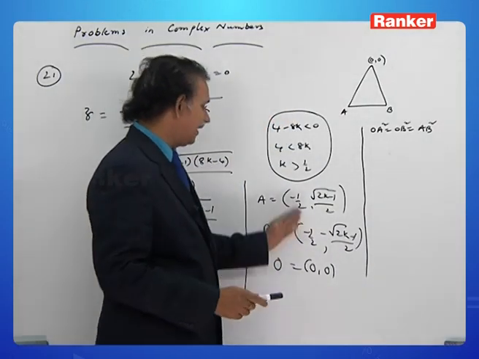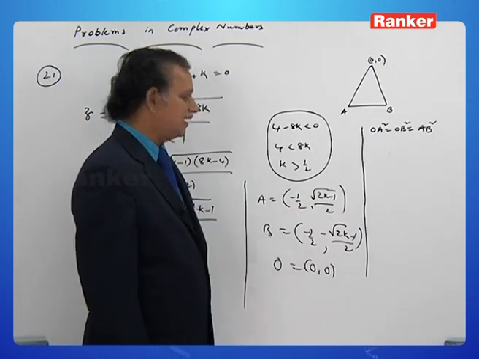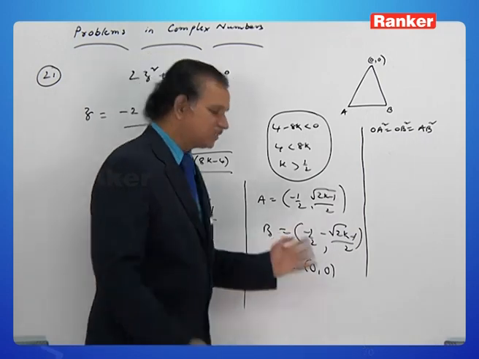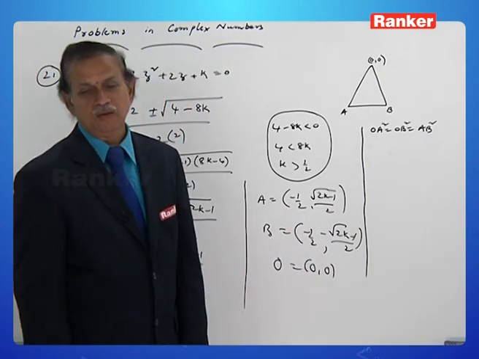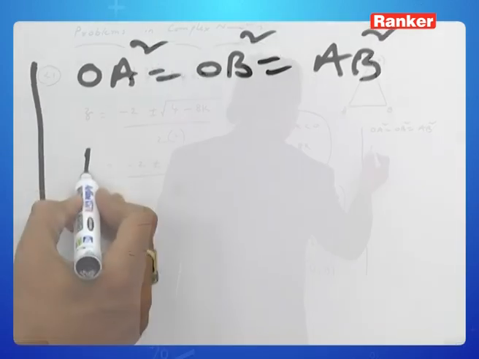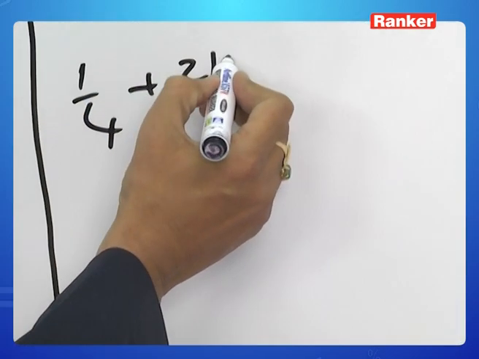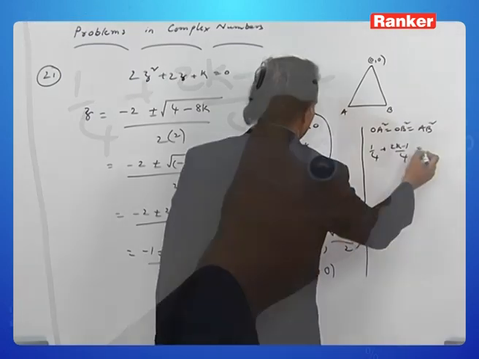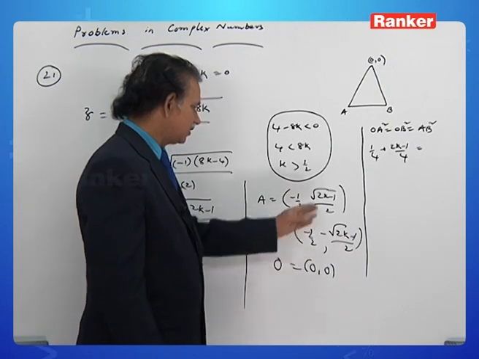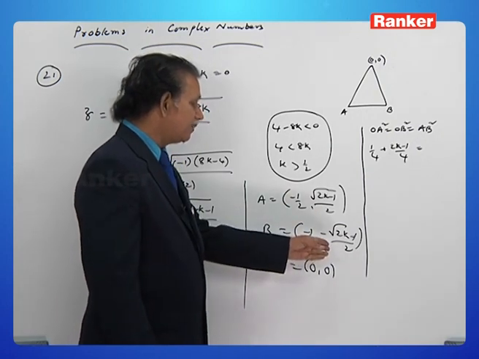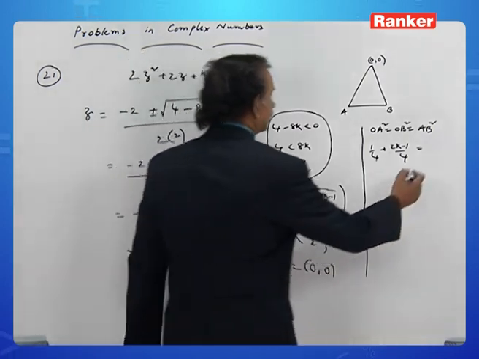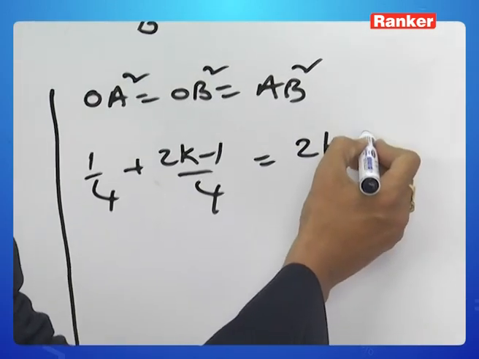What is OA square? 1 by 4 plus 2k minus 1 by 4, isn't it? Just like that, OB square is also 1 by 4 plus 2k minus 1 by 4. Okay, OA square is 1 by 4 plus 2k minus 1 by 4, which is equal to AB square. What is AB? The real difference is 0 and the imaginary difference is 2 root 2k minus 1 by 2. 2 and 2 will be cancelled, leaving you 2k minus 1, isn't it?